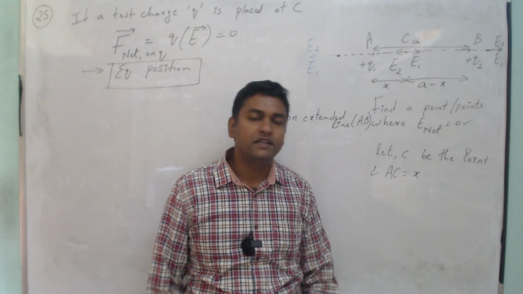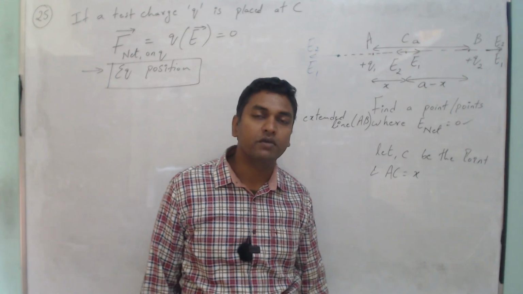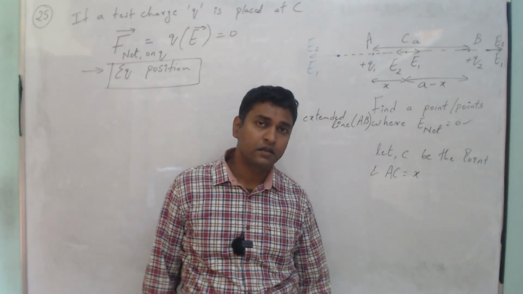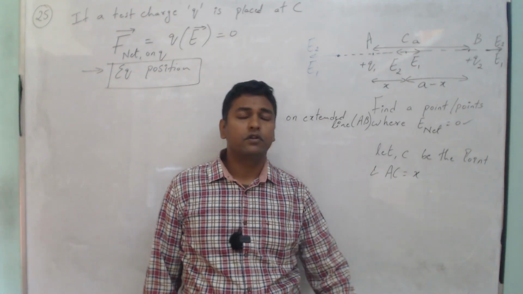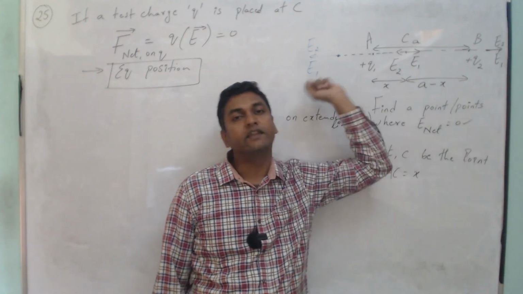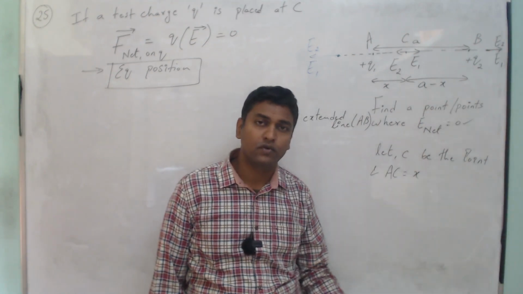Cancel each other, do the under root things, and get the answer x is equal to a by 1 plus square root of Q2 by Q1, right? So we have found the point on the extended line AB where the net electric field due to Q1 and Q2 is 0.